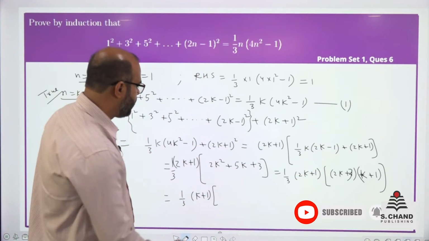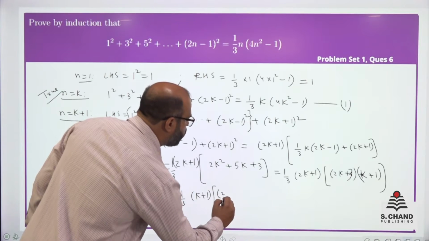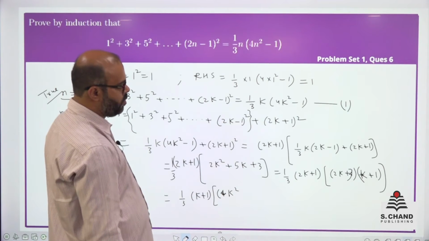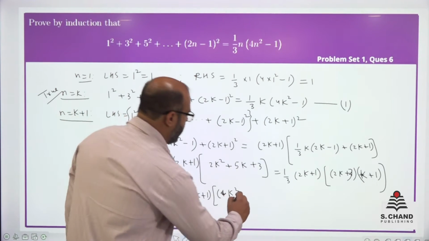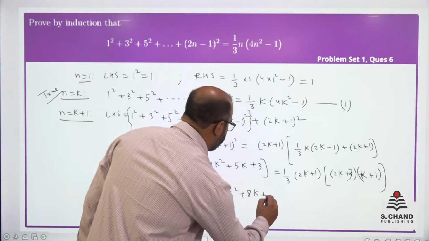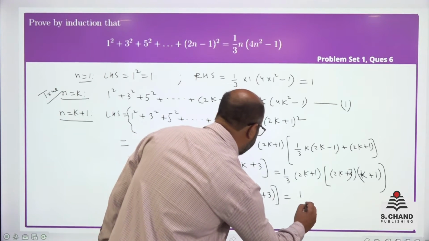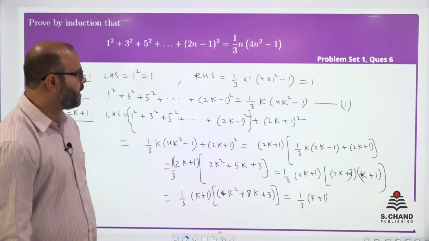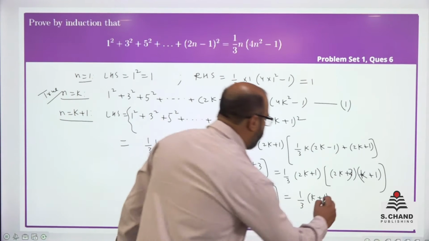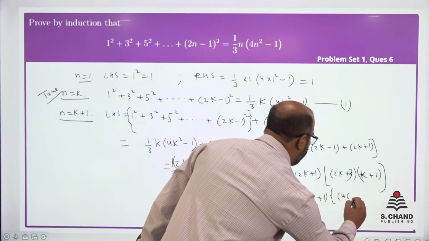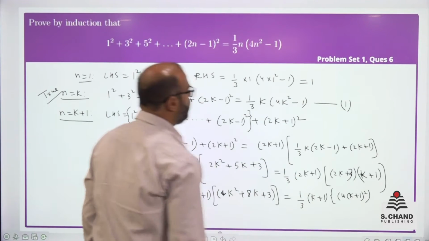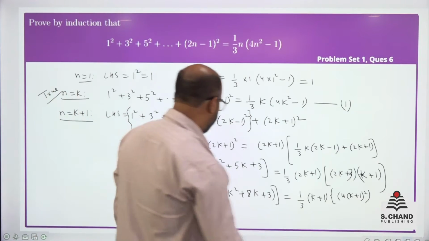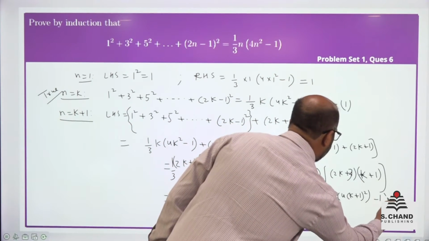(2k plus 3) into (2k plus 1), which is (2k) whole square, that will be 4k square plus 6k plus 2k, which is 8k, plus 3. This is 1 by 3 (k plus 1), and further 4k square plus 8k plus 3 can be written as (4 (k plus 1) whole square minus 1), like this.